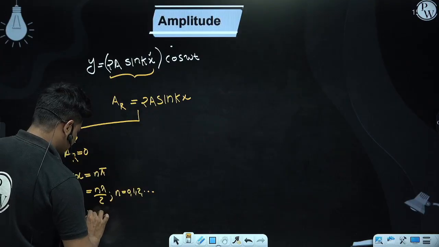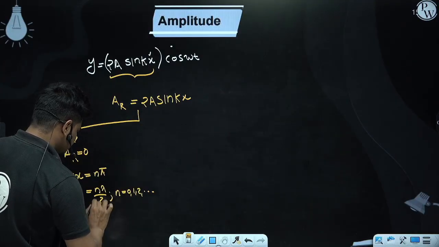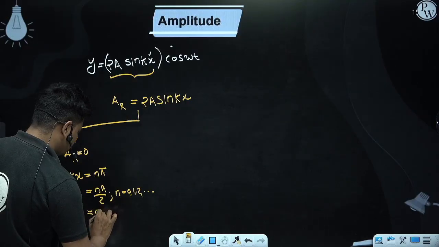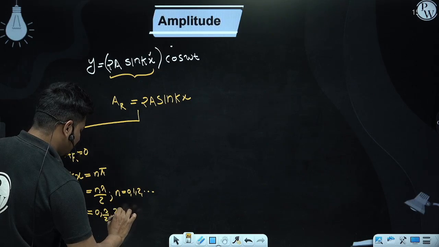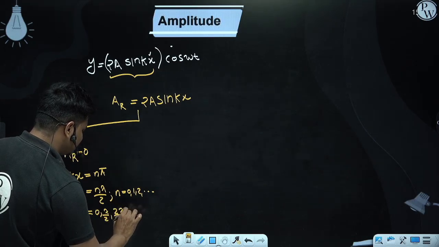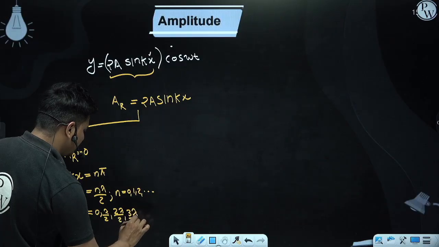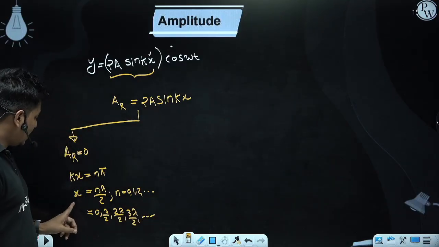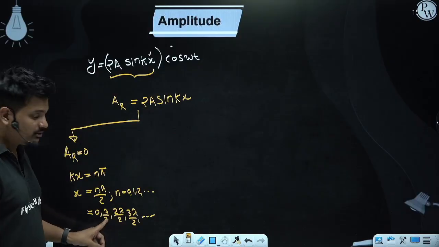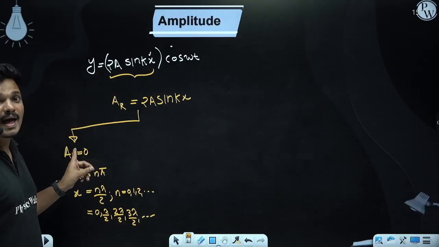That means our x value is 0 lambda by 2, that is 0, then lambda by 2, then 2 lambda by 2, then 3 lambda by 2 and goes on. That means at these locations we get 0 amplitude.